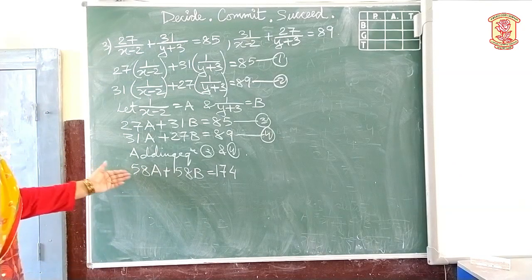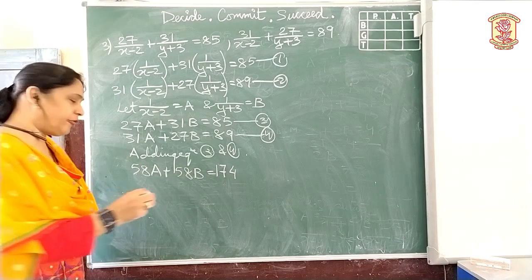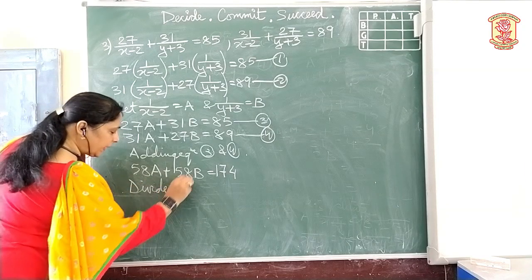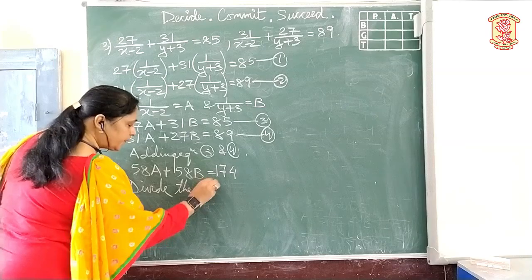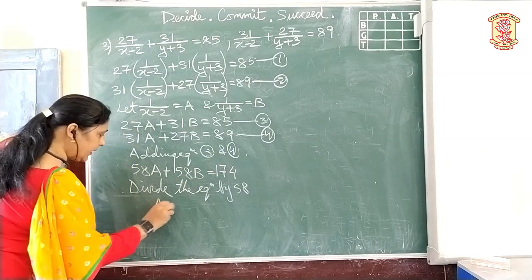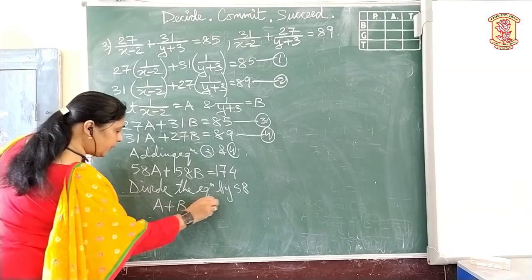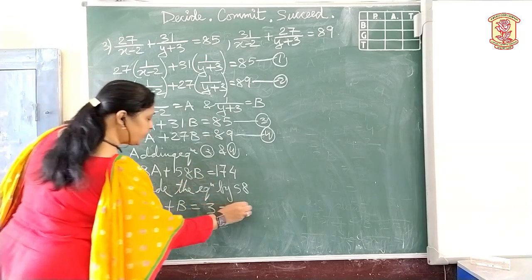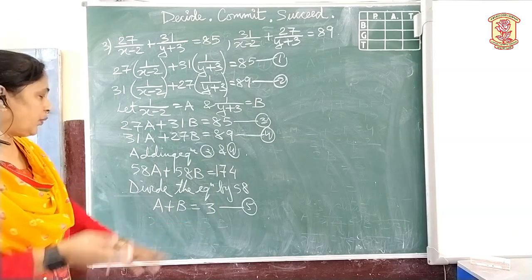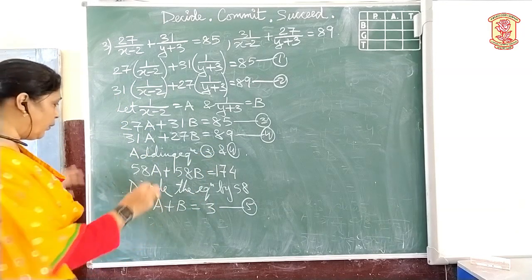Now to make it simpler, we divide the equation by 58. So we get A plus B equals 3. So this is going to be the fifth. We added and we got an equation. Now we subtract and we get another one.